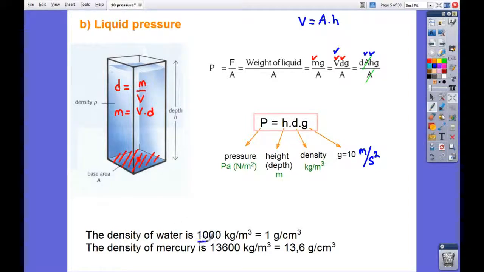The density of water is 1000 kilograms per cubic meter, while in grams per cubic centimeter it's 1. And there is another substance that we have to remember very well. The density of mercury is 13,600 kilograms per cubic meter, and in grams per cubic centimeter it is 13.6.